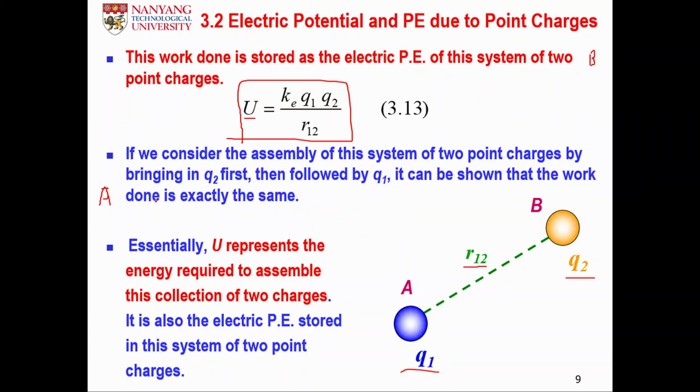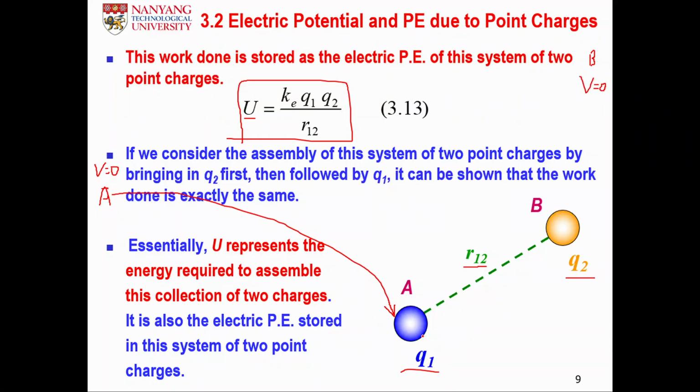So what you are doing now, step 1, you're moving charge A from this point to this point, right? In this process, there should still be no potential energy difference, because infinitely far away V is 0.